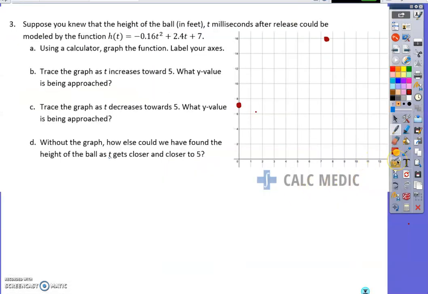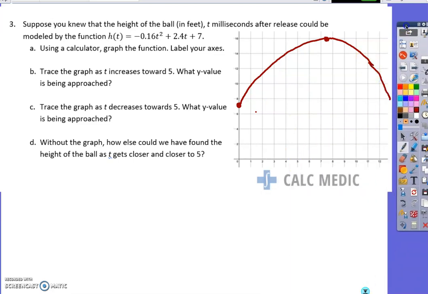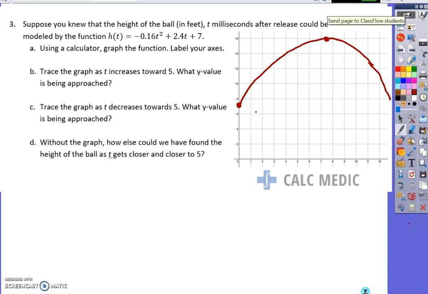Yeah, it goes to 12, so it's on its way back down though. So I'm going to just sketch in a picture. It's quick, best I can do. It doesn't have to be perfect, just a quick little sketch of what's happening.